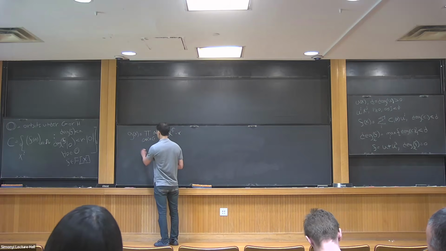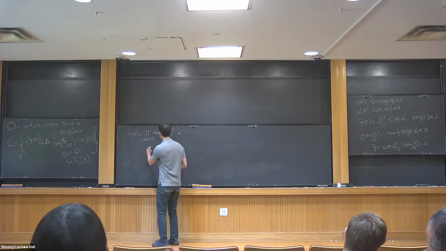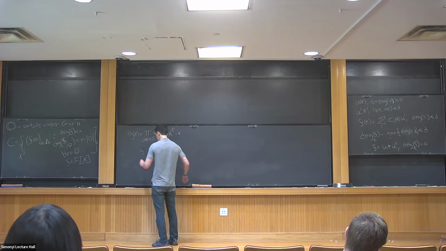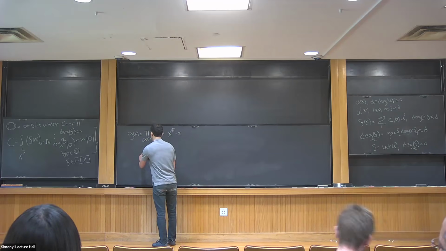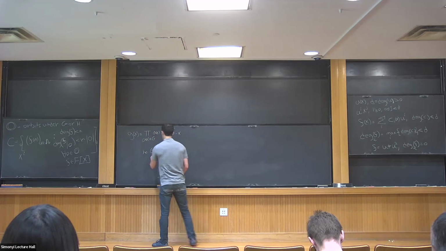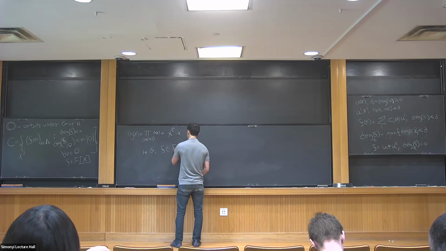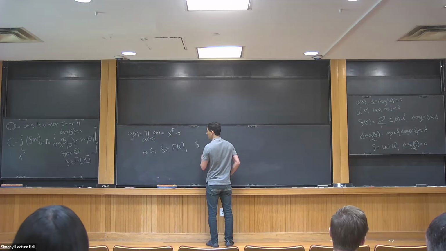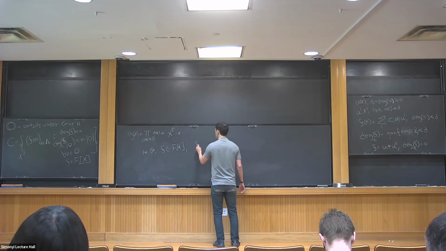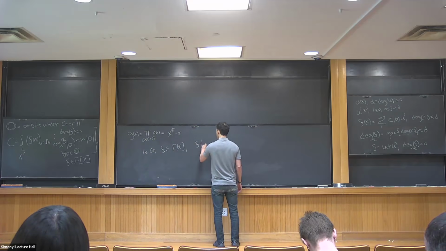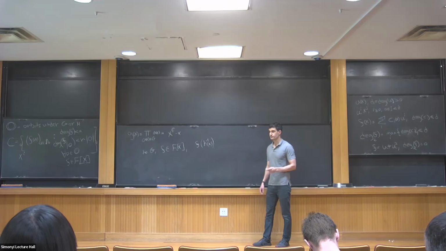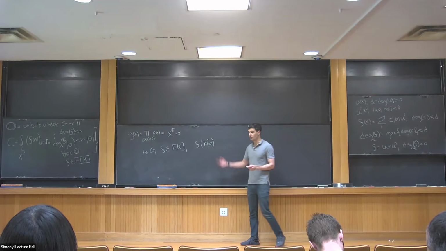Remind us, how does an element of G act on this polynomial? It's just by translation. If I take an element H in G, and f is a polynomial, the action gives you another polynomial.